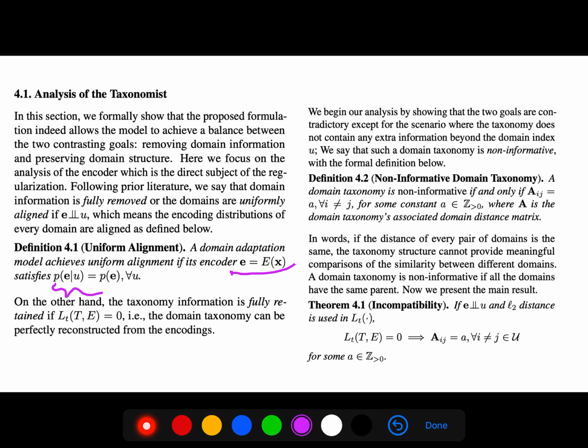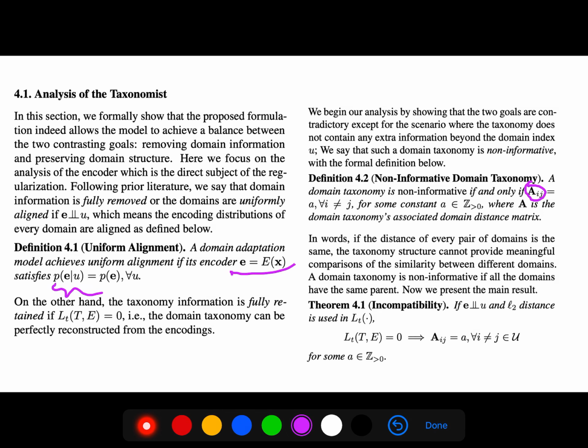On the other hand, the taxonomy information is fully retained if the loss between T and E taxonomy and the encoder is zero. The domain taxonomy can be perfectly reconstructed from the encoder. And then we have a definition of non-informative domain taxonomy. A domain taxonomy is non-informative if and only if every entry of the matrix is A for some constant A.